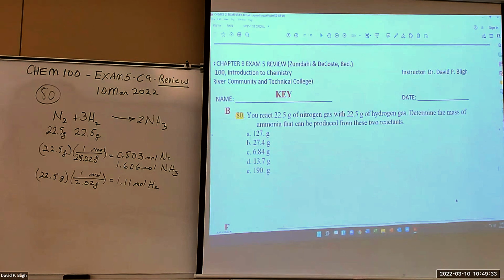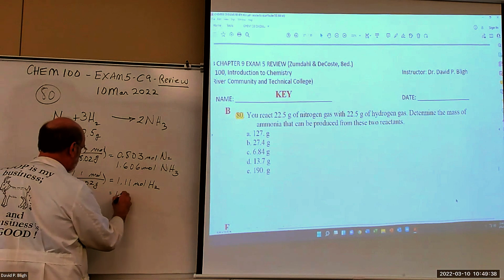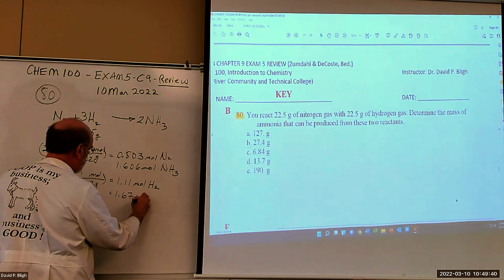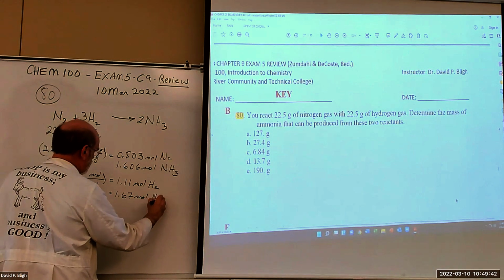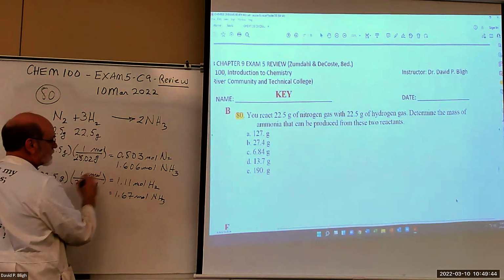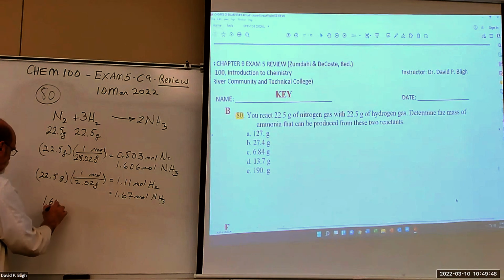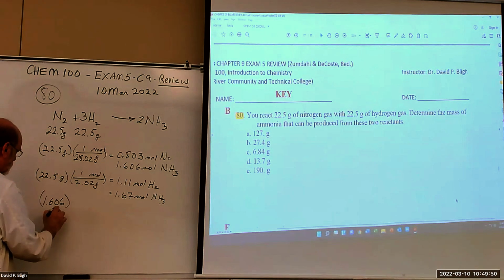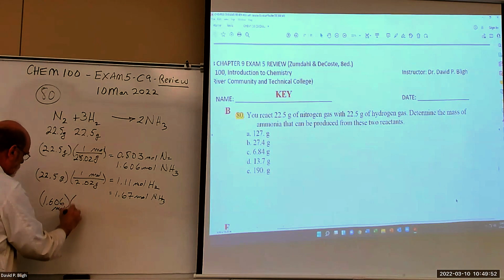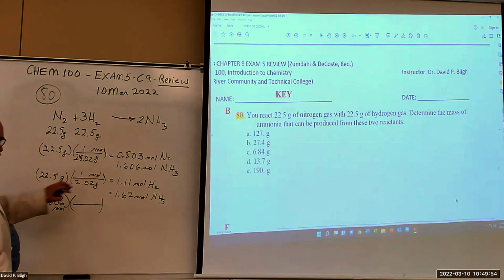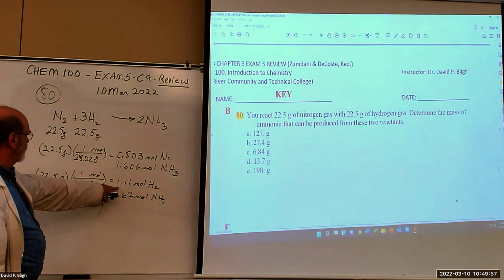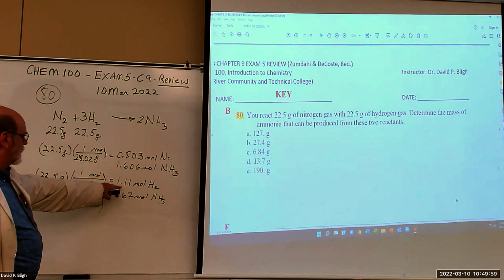Would be 1.67. So this ought to be, oh, we got to convert it to grams. 1.606 moles. See, did I do this one right? No, I didn't.